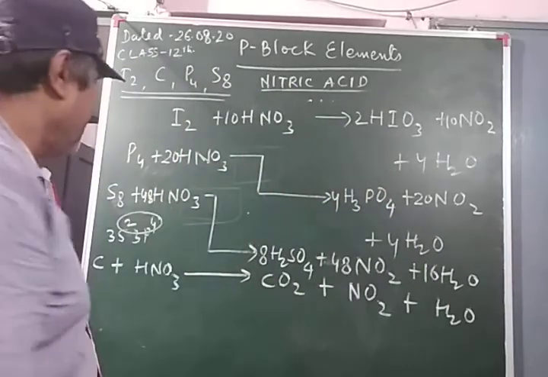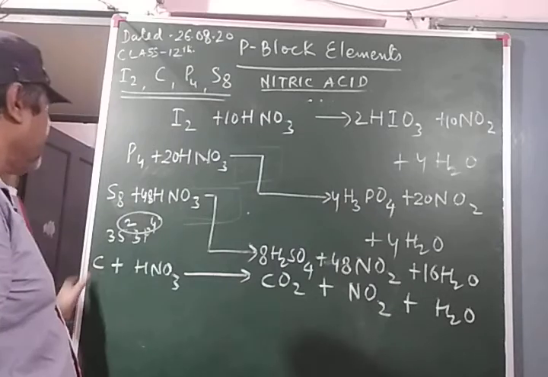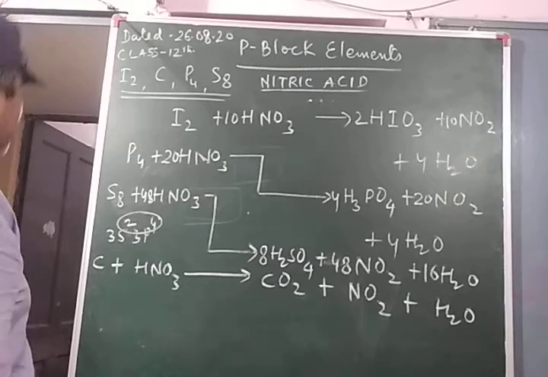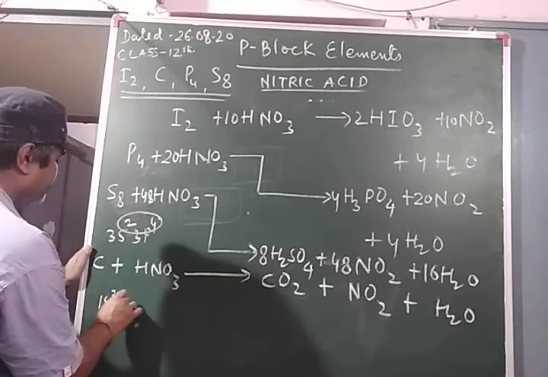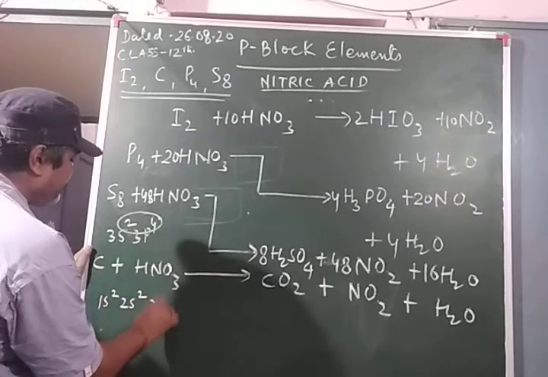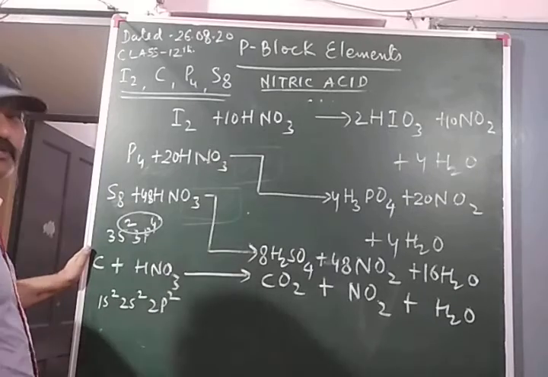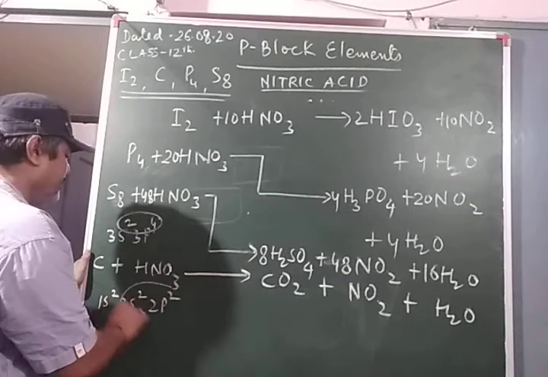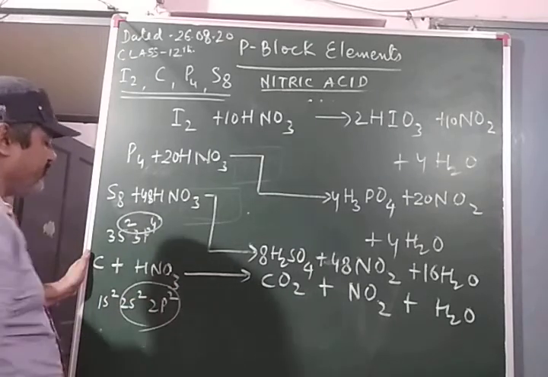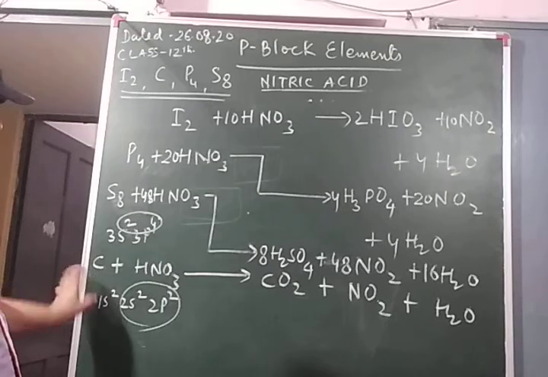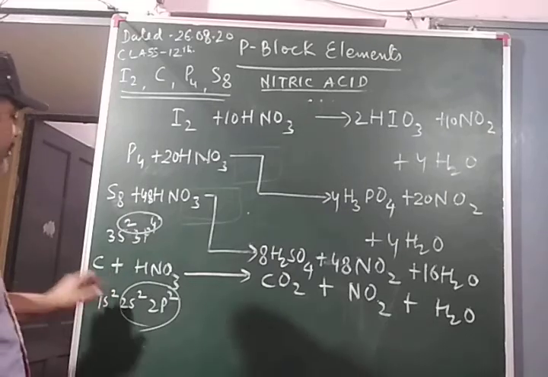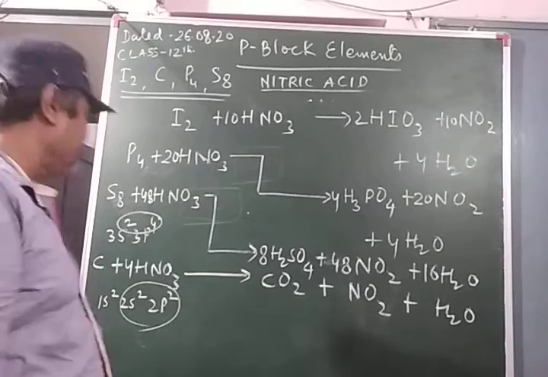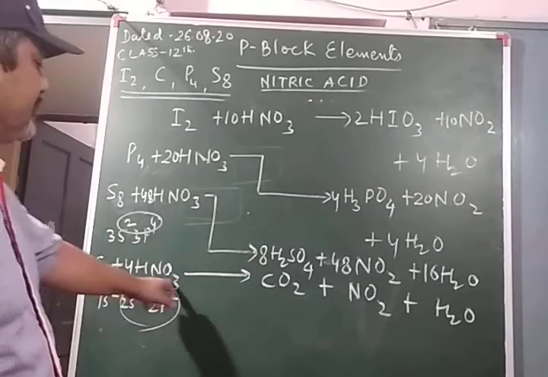Now how can we balance it? The outer electronic configuration of carbon is 1s2, 2s2, 2p2. So the total electrons are 2 plus 2, 4, and here no other number is there, so 4 into 1 is 4. So the stoichiometric coefficient of HNO3 will be 4: 4 HNO3.